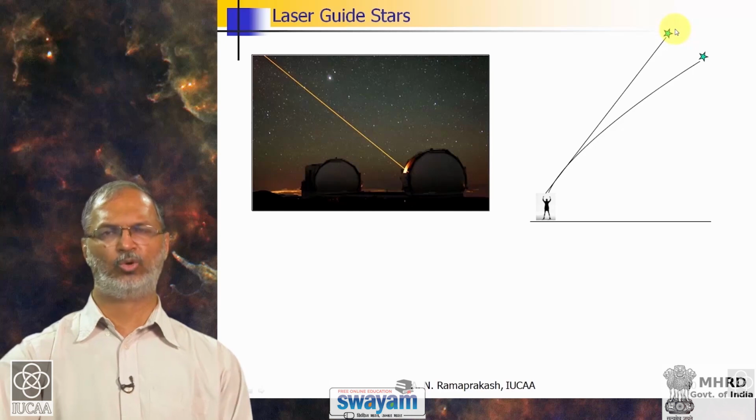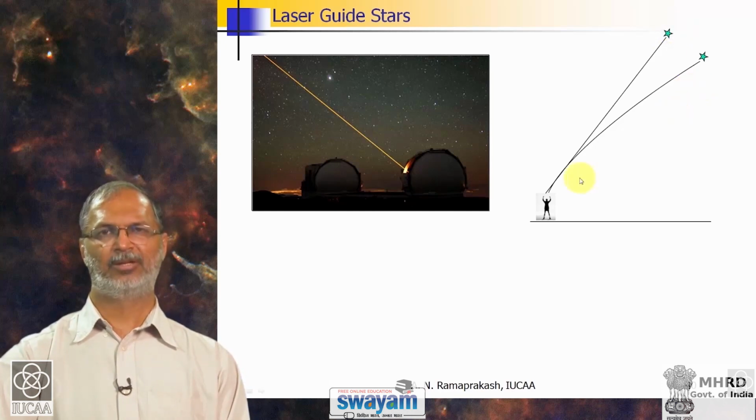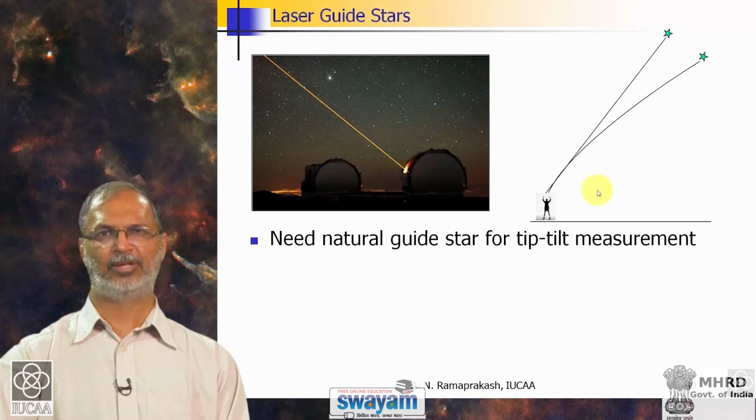So, the overall movement of the star is not measurable with a laser guide star system, which means that you still need a natural guide star for measuring the overall movement, or the tip tilt introduced by the atmosphere, the overall movement of the apparent position of the star.